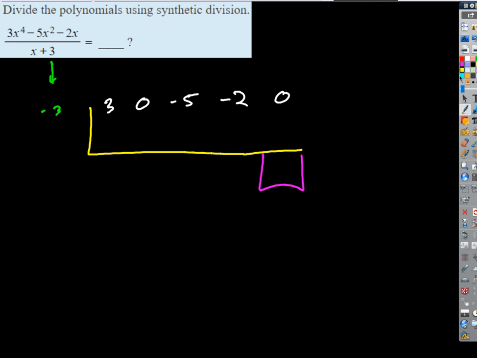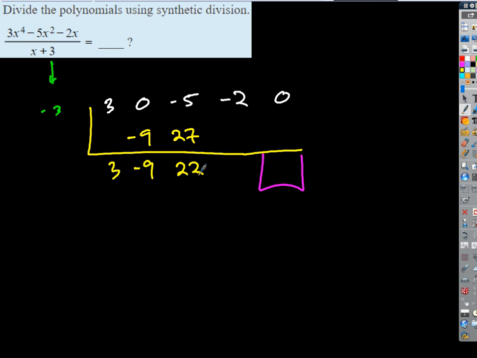Okay, if we work our way through this, we get 3 times -3 is -9. We add and we get -9 times -3 is 27, plus -5 is 22. Question? If it was x take away 3, would you have to use just 3? Yep, exactly.